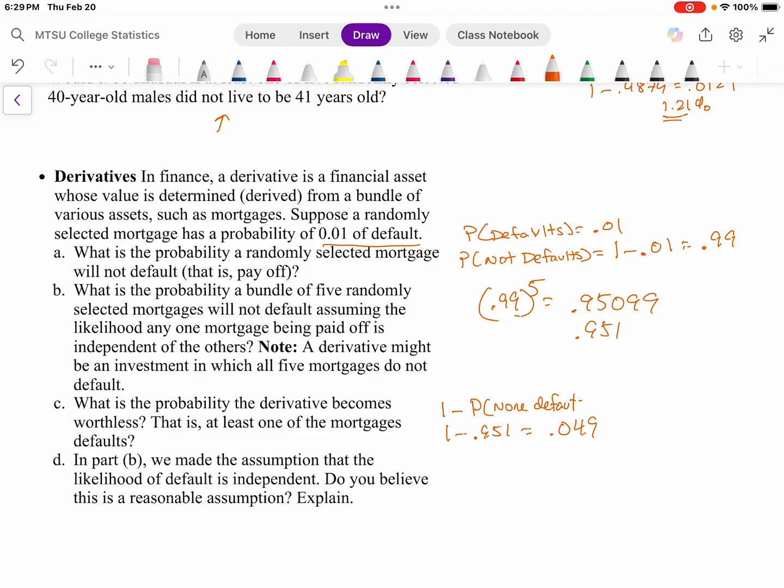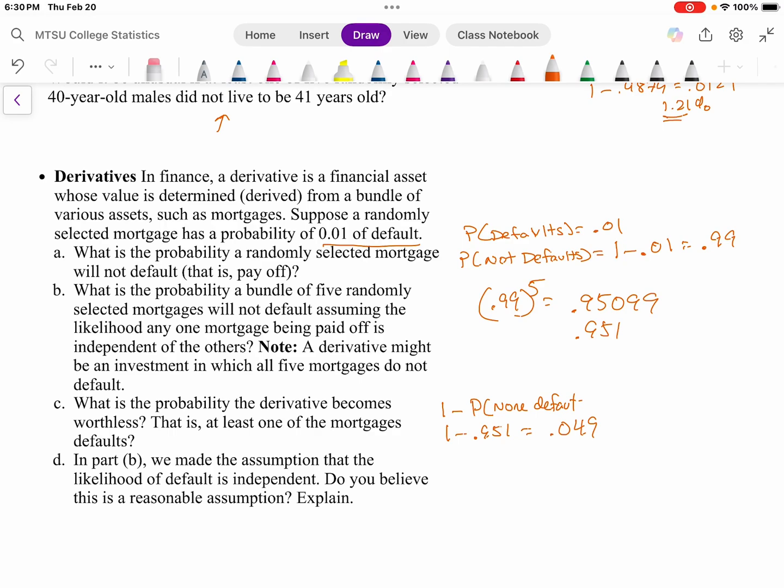And then it says in Part B, we made the assumption that likelihood of default is independent. Do you believe this is a reasonable assumption? Does one investment affect another? That's a nice big question to talk about: how much do you know about financial investments, and could one affect another?